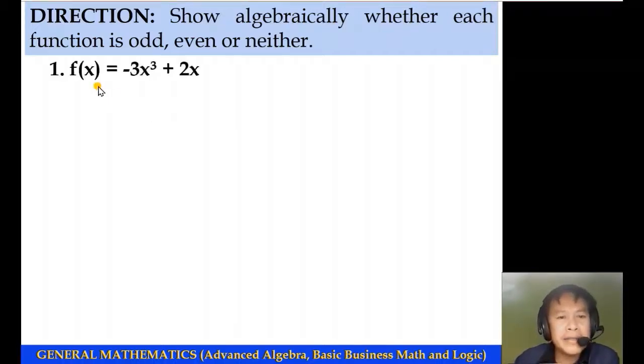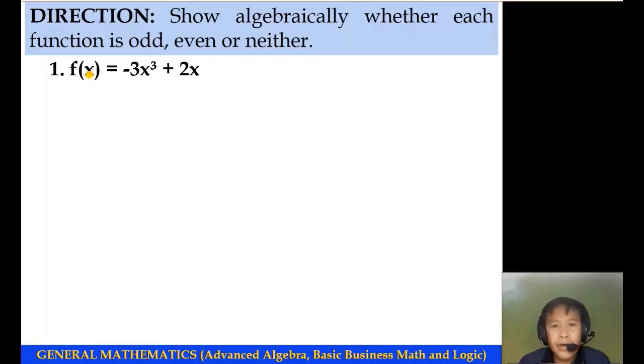Number 1, f of x is equal to negative 3x raised to 3 plus 2x. How are you going to test whether this particular function is odd or even? You are going to consider the additive inverse of x, which is negative x, and substitute this negative x into each term of the function.